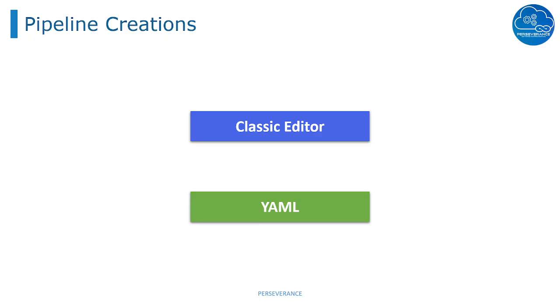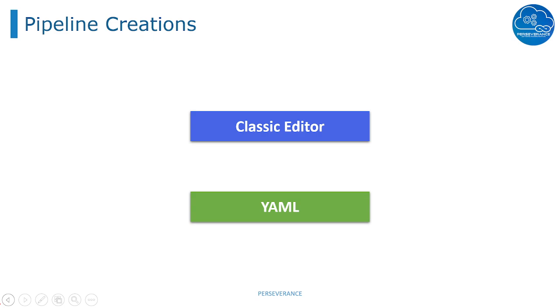All right, so when we talk about the advantages of each, usually to kickstart with, you can go with the classic editor via graphical interface. You can build the pipelines and work with that, and you can get to know how things are working. And when it comes to the YAML format, it is all about implementing your pipeline via code, and the code follows YAML syntax. That is where I have highlighted YAML.